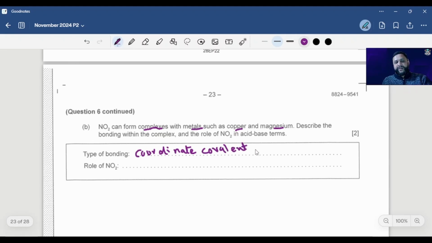So within the complex there will be a coordinate covalent bond and also covalent bond. And the role of NO2 will be ligand, but in terms of acid base it will be a Lewis base. So Lewis base is electron pair donor.